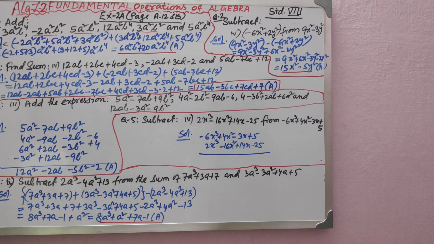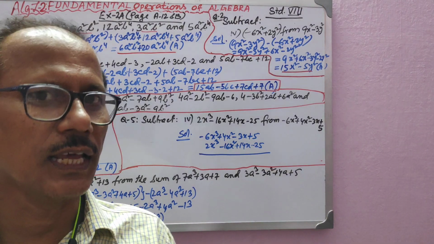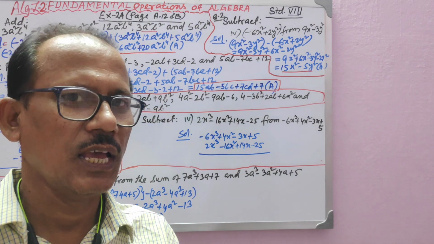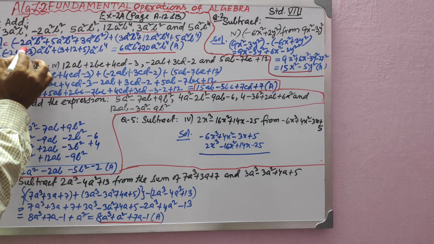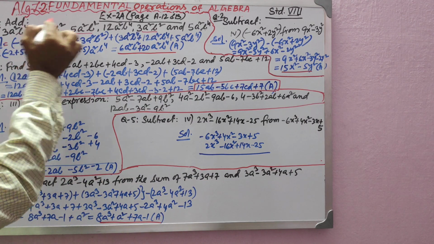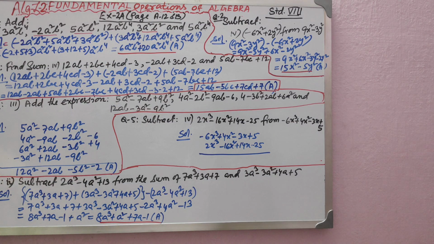I didn't look at the numerical coefficient part of it. Only a square b square, wherever it was, I have kept it. So I have written all the a square b square. Could you understand? You could have taken a square b to the power 4 also. There is no problem. I might have just seen this one and then picked it. That's no problem.